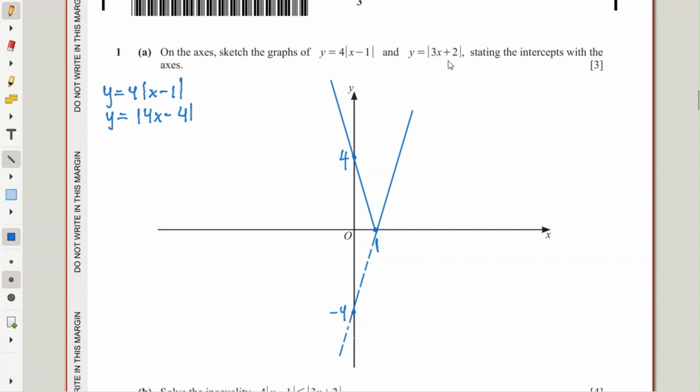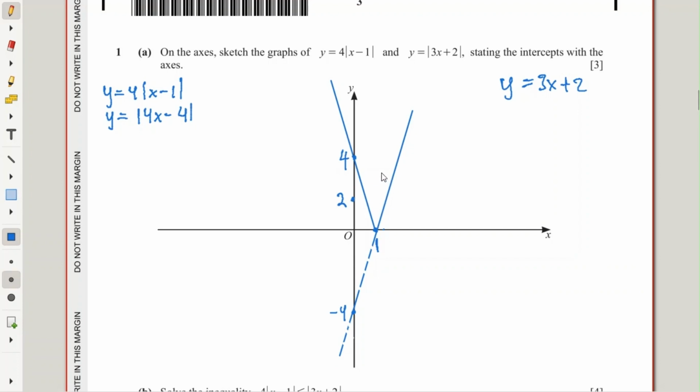So the same idea. You're going to find the x and y intercept. I told you that the y-intercept is the one that stands alone. So here is +2. So +2 should be somewhere here. Okay, it's already above the x-axis, right? Now, that's the y.